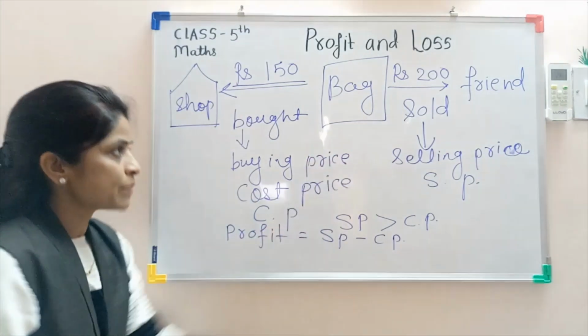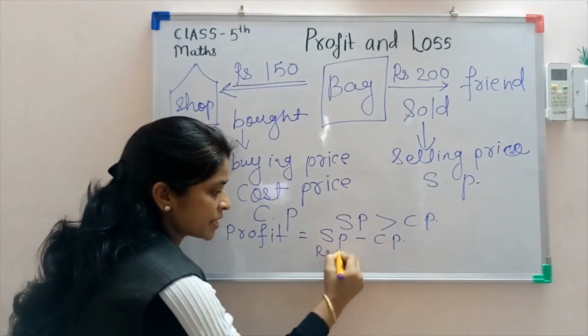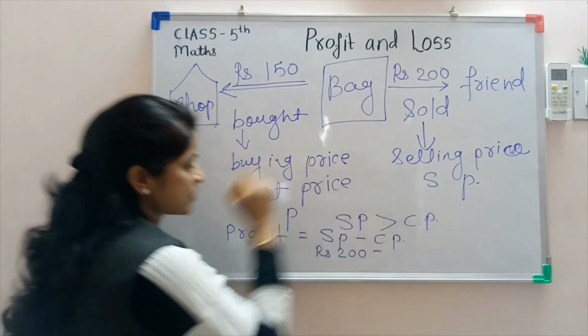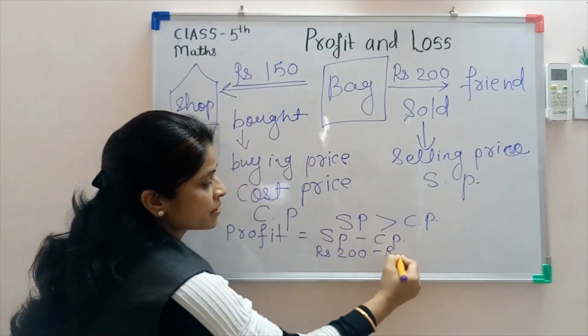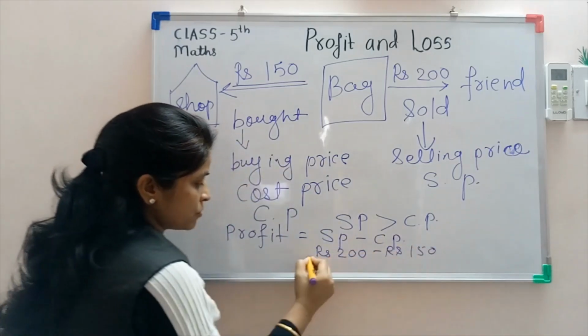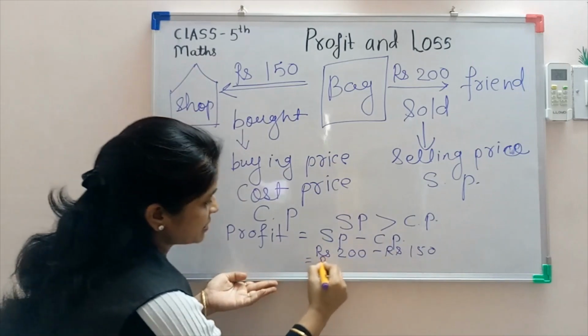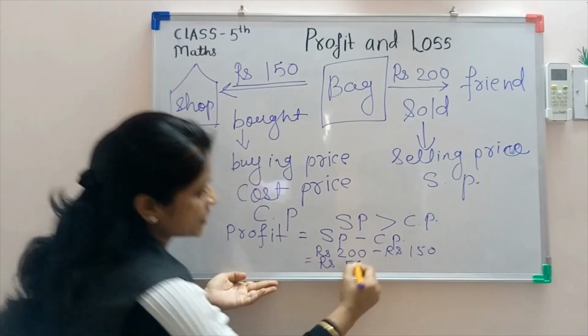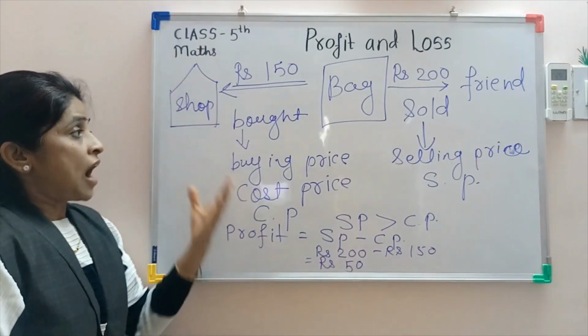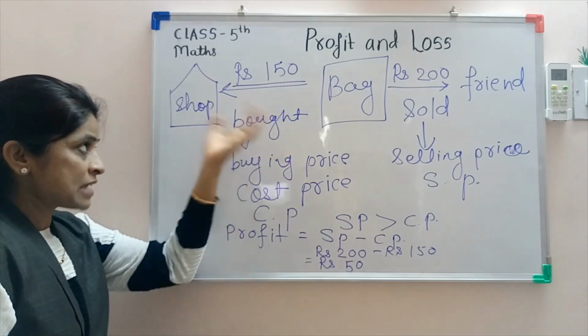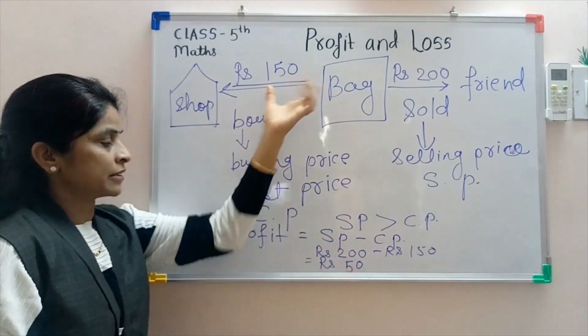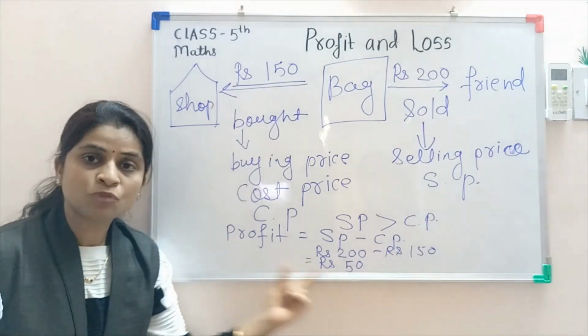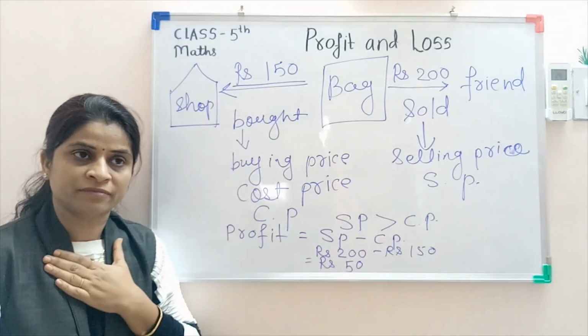Here the selling price of the bag is rupees 200 and the cost price is rupees 150. Now look at the difference. Difference is rupees 50. So you can say that I gained, or earned, rupees 50 here. That means 50 rupees is my profit.